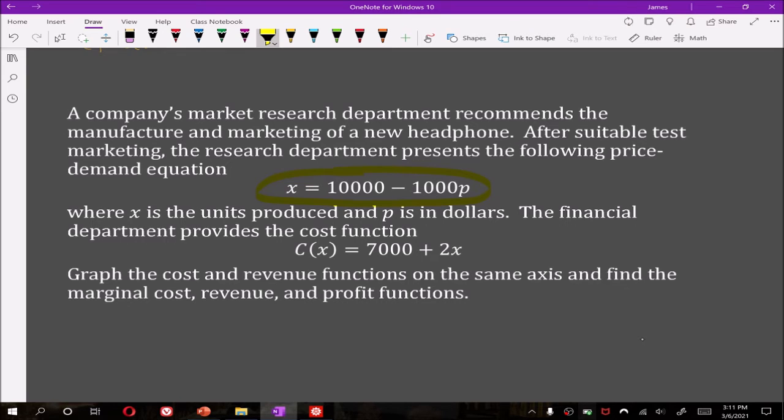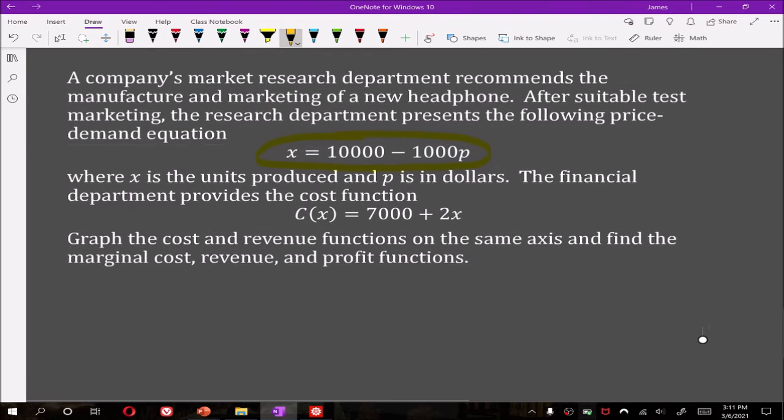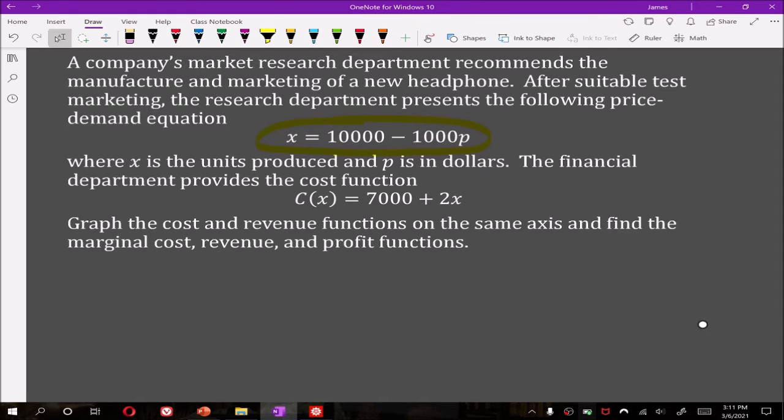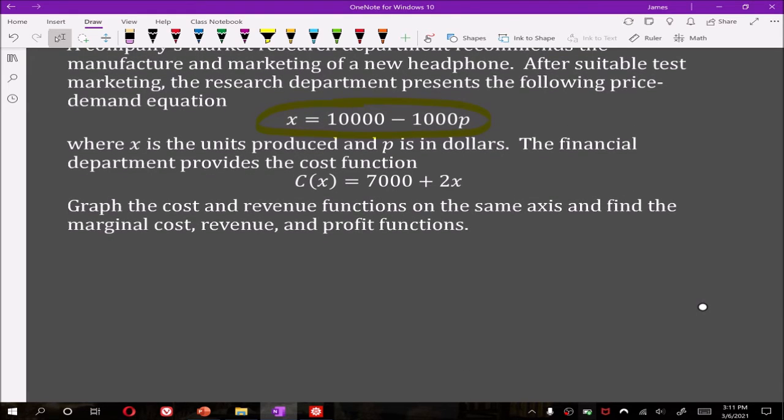We need to take that right there and solve it for P. So X is equal to 10,000 minus 1,000P. We'll have X minus 10,000 is equal to negative 1,000P.